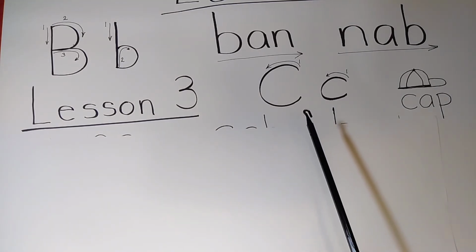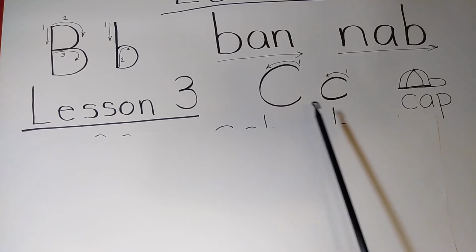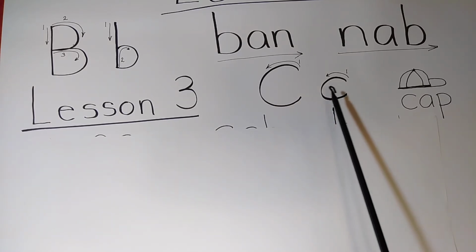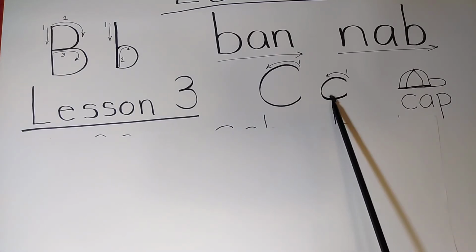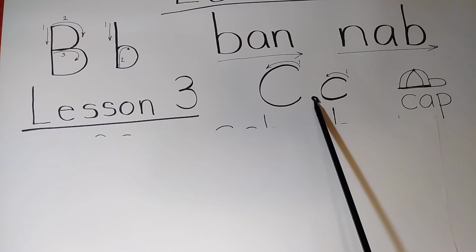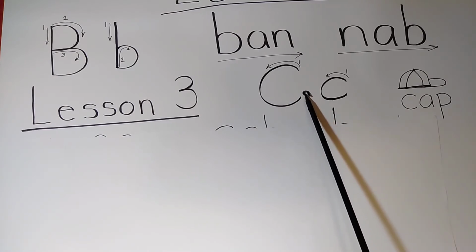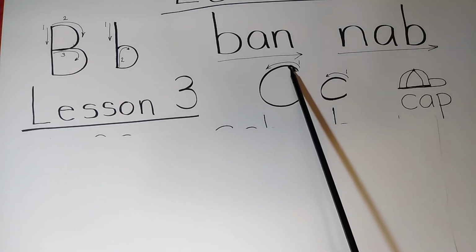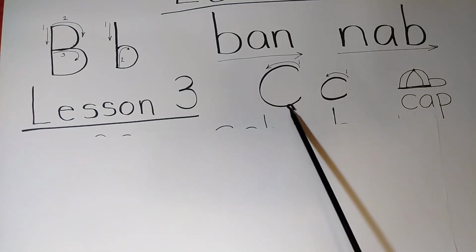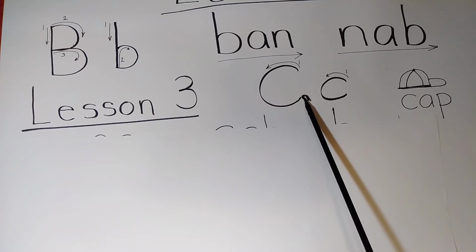Now, in order to print these C's, the capital and the small c, you're going to do them the same. So I'm going to have you teachers that do the printing just go ahead and do both of them at the same time. It's basically starting like you do the small a. You go up and around like that, but you stop, of course.